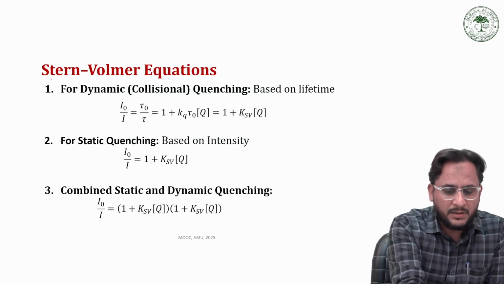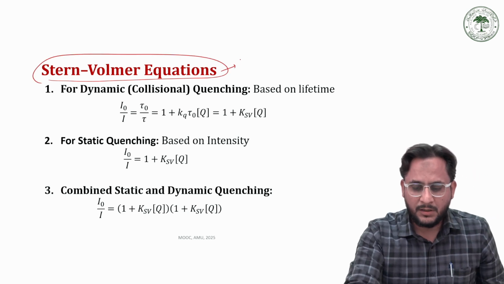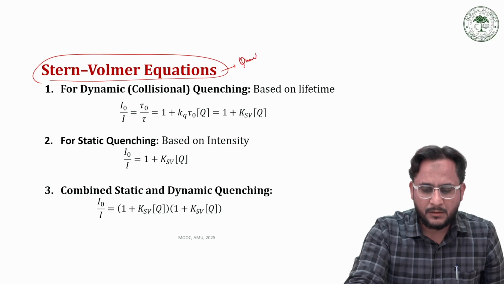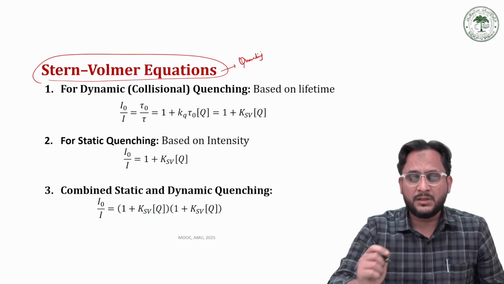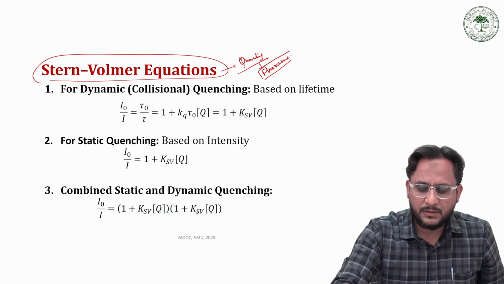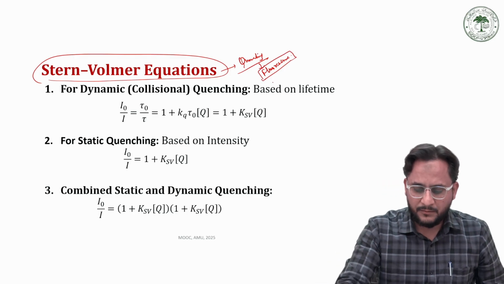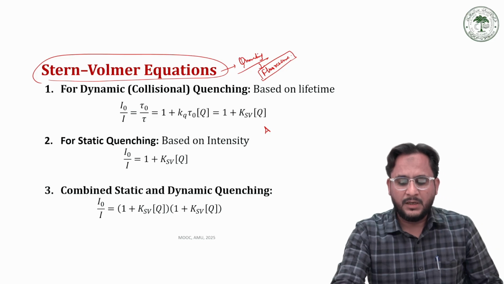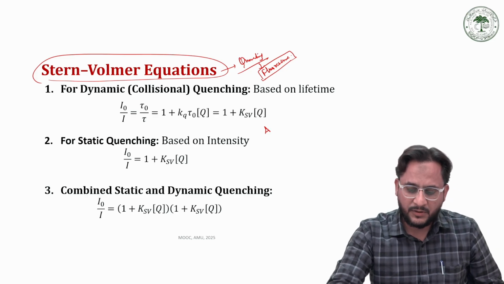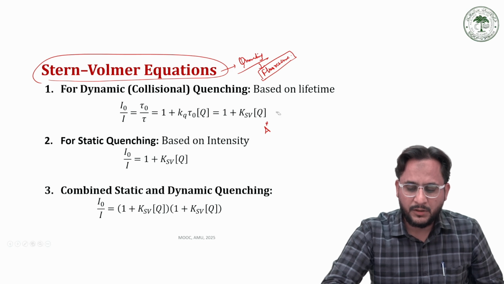Now, the very famous Stern-Volmer equation. This equation is basically used when we are using quenching methods. As you all know, quenching methods are very useful for studying fluorescence, and the beauty of these methods is that even compounds that do not fluoresce naturally can be studied by them. For example, we have a fluorescent molecule.